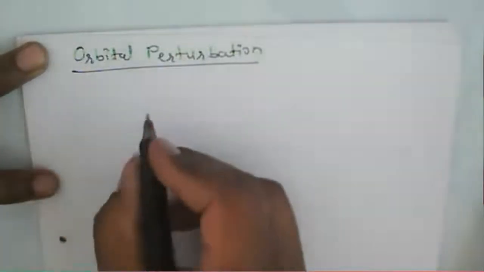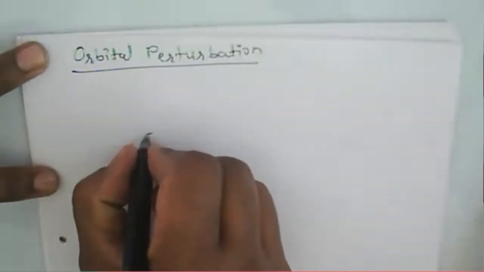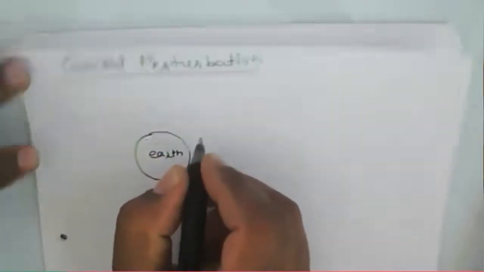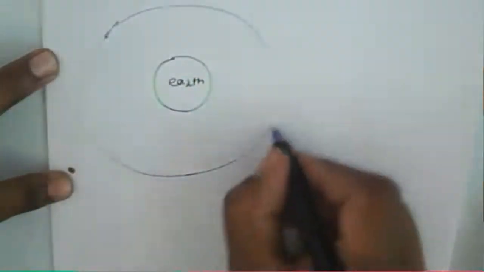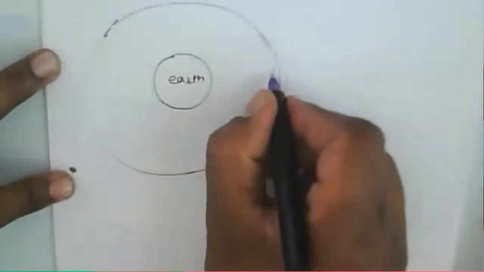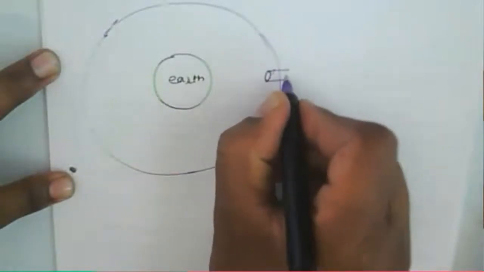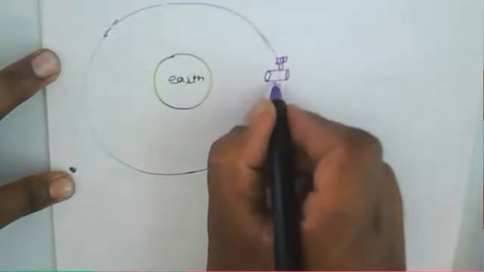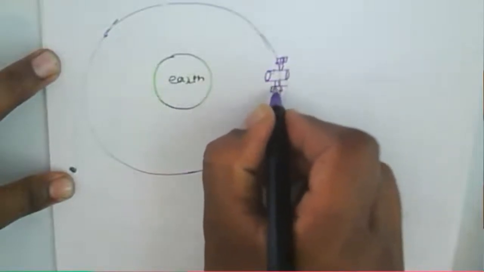Disturbance to whom? Disturbance to the orbit. Means what? A satellite which has its orbit. We have the Earth, and this one is nothing but the orbit of a satellite.